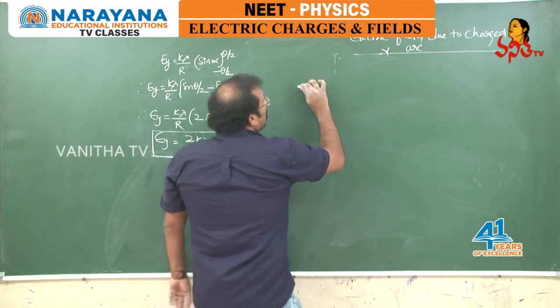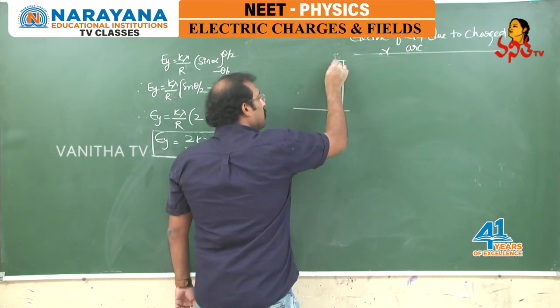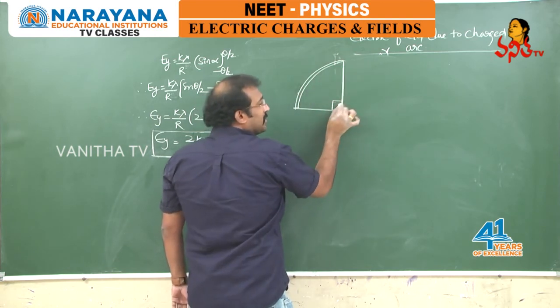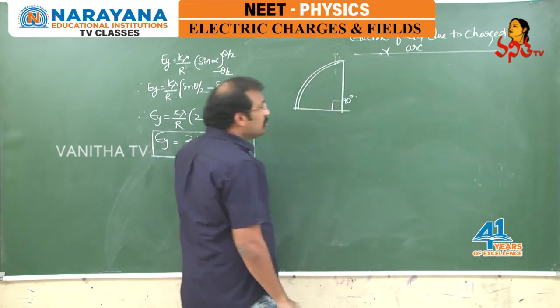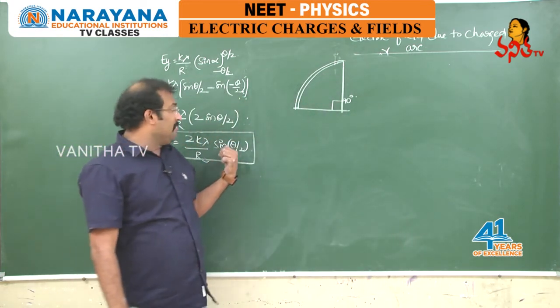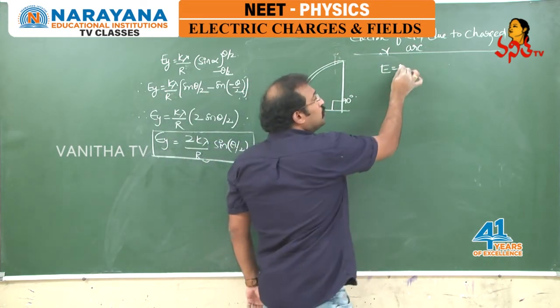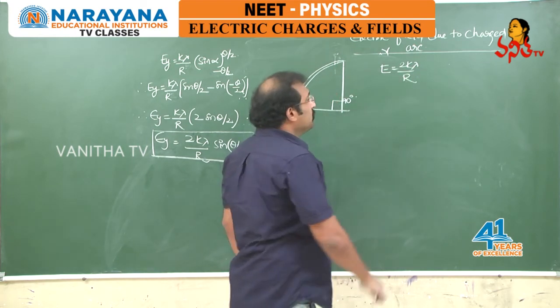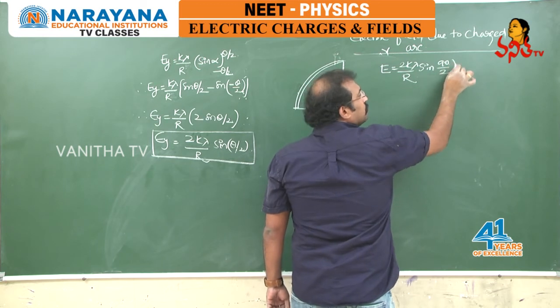Substitute if the arc is making an angle of 90 degrees at the center, that is θ is equal to 90. So how to calculate the value? The electric field is equal to 2kλ by r into sin 90 by 2.